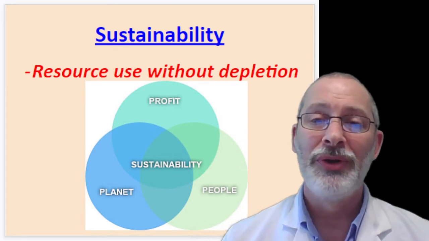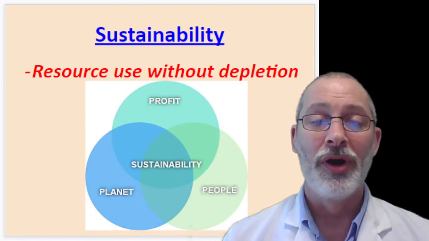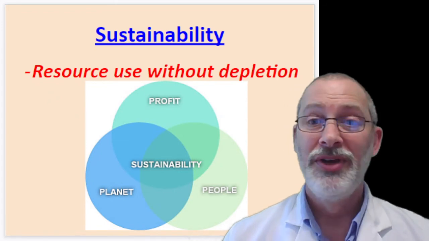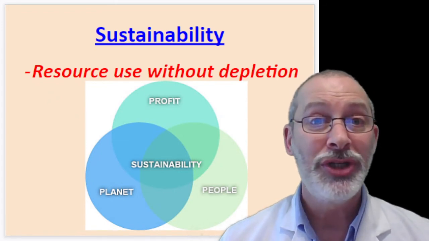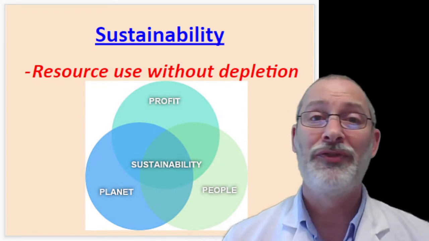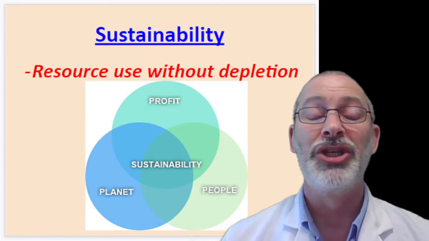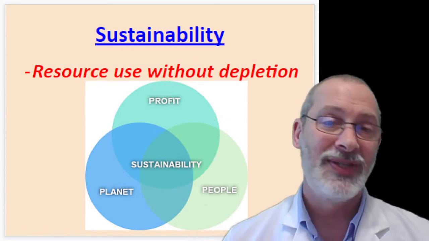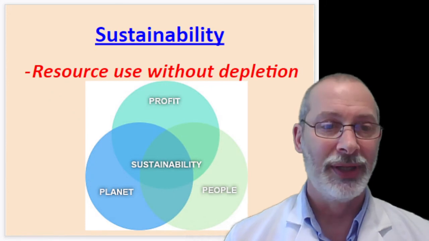Resource use without depletion just makes sense on so many different levels for us as individuals, for our population at large, as well as for the entire planet. It just makes sense. Sustainability.